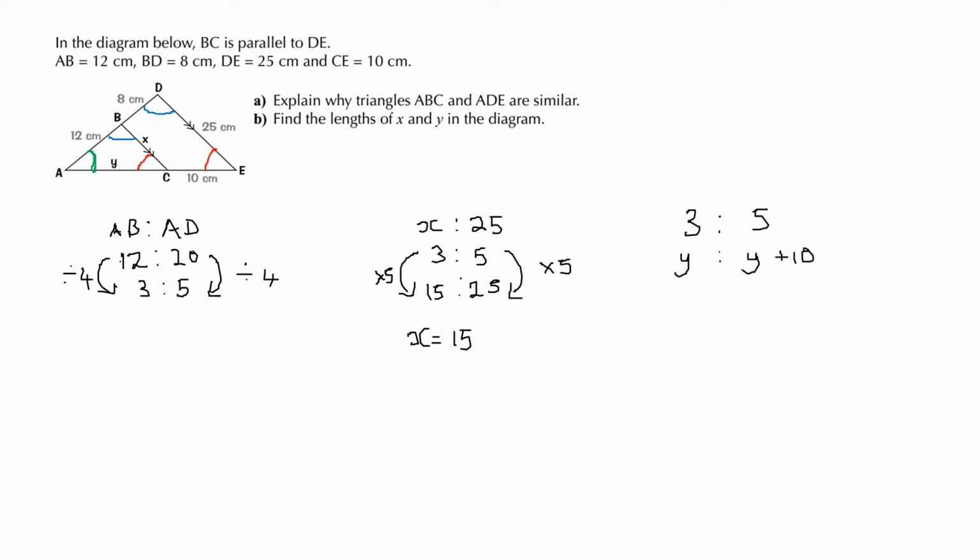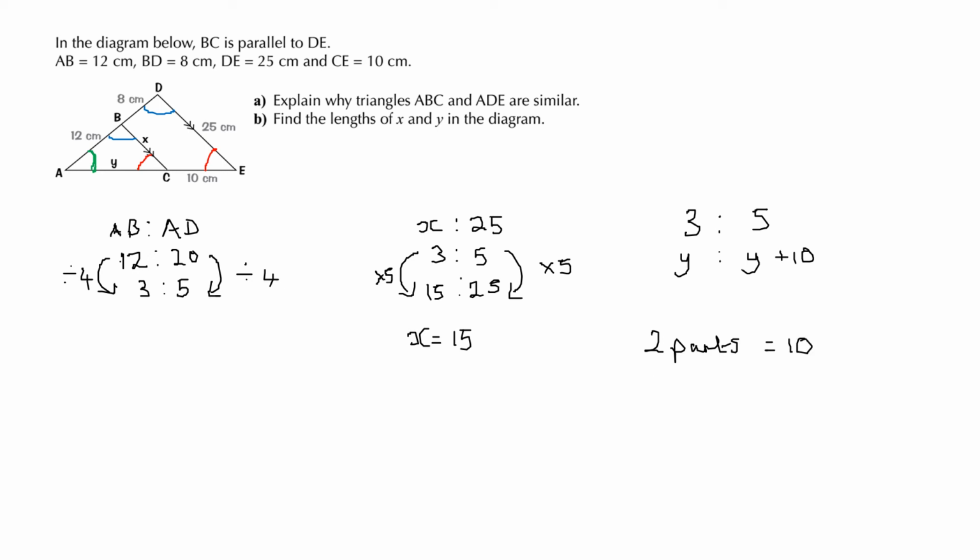So the difference between these two expressions, y and y plus 10, is the 10, and the difference between these two amounts of parts is 2. So we could say that 2 parts of the ratio would be equal to 10.